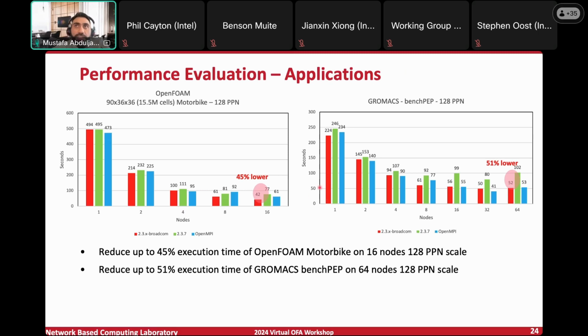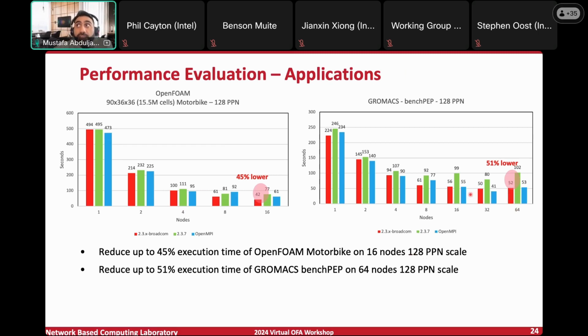Beyond 16 nodes, we're able to run, but we don't achieve any useful scalability, therefore we stopped at 16 nodes. We're getting up to 45% lower latency for this particular test case, as well as up to 51% lower latency for GROMACS with the BenchPEP dataset on 64 nodes and 128 PPN.